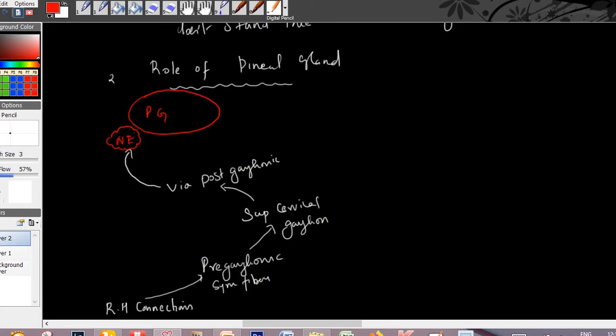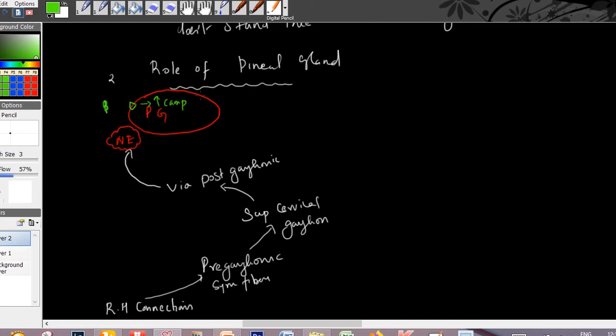Now how does the norepinephrine act? The norepinephrine gets released and acts on the beta receptors over the pineal gland, and they are going to increase the second messenger cAMP.